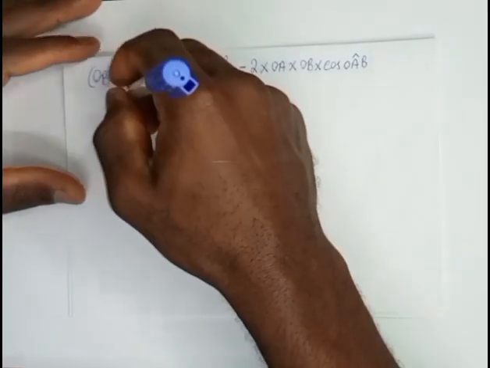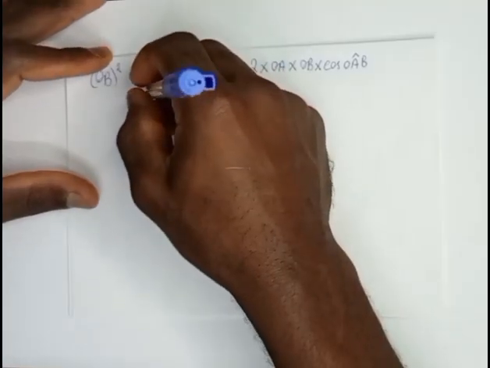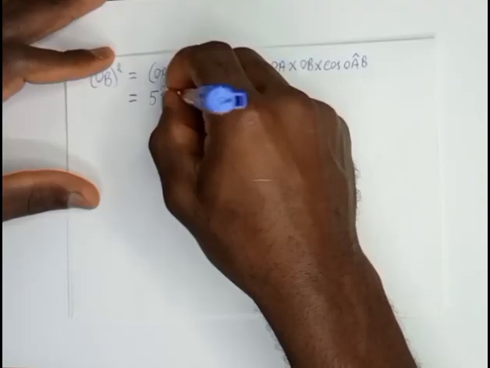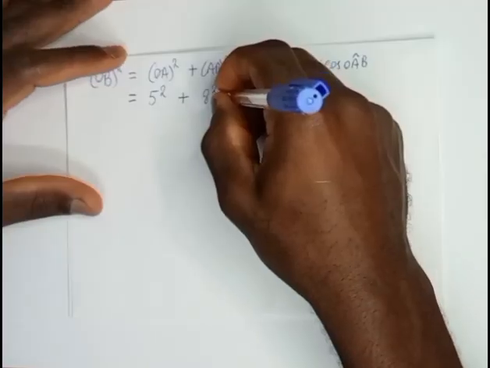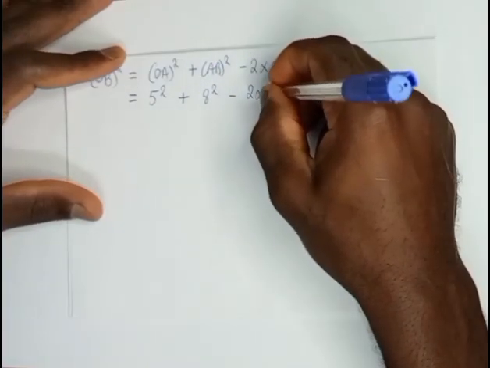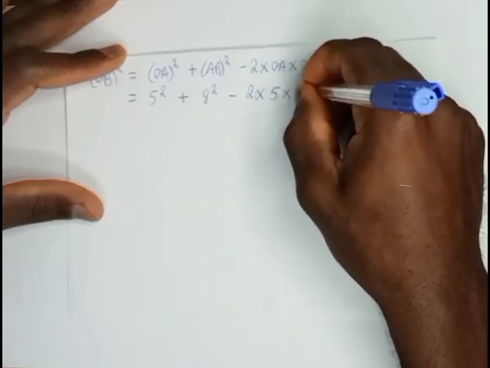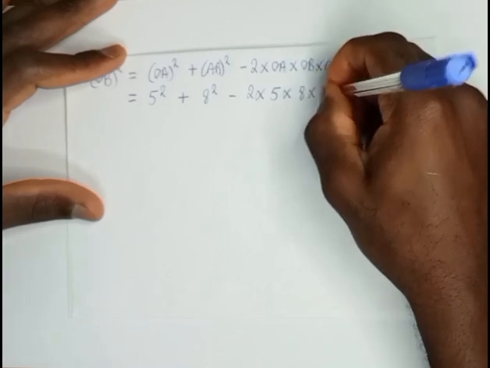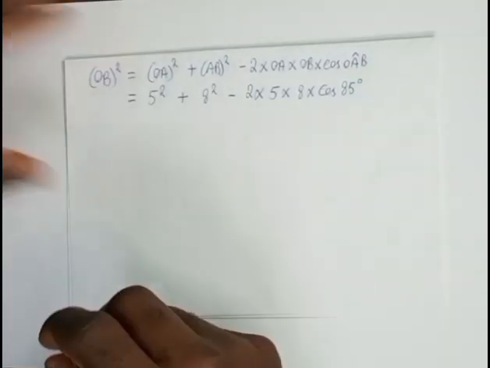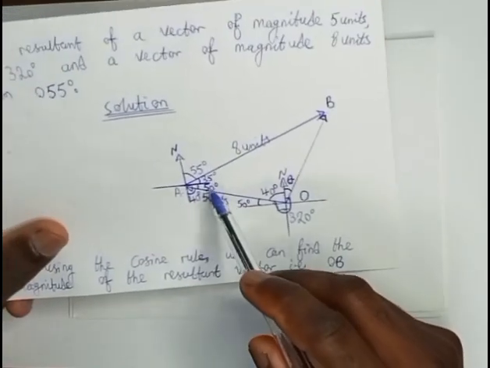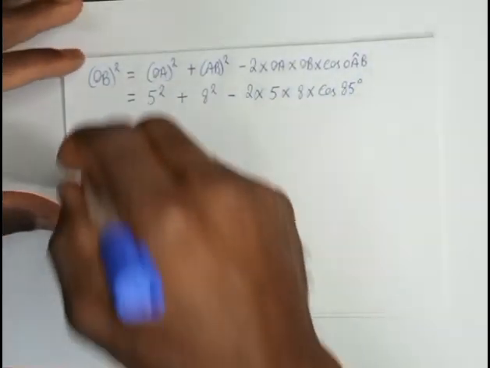Inserting the numerical values, OA is 5 units, so this will give us 5 squared, plus AB is 8 units, 8 squared, minus 2 times 5 times 8 times the cosine of the angle, 85 degrees, because 50 degrees plus 35 degrees gives you 85 degrees.